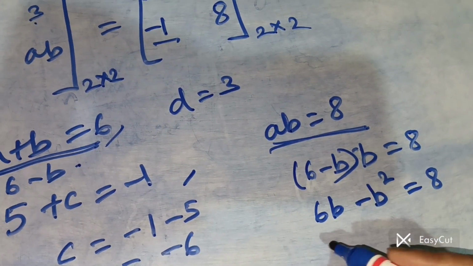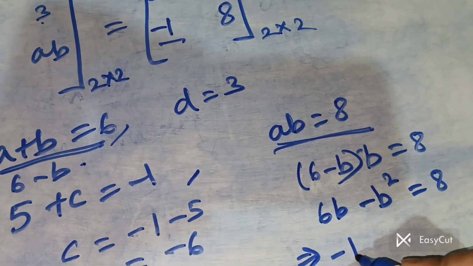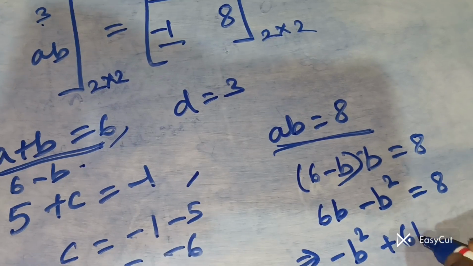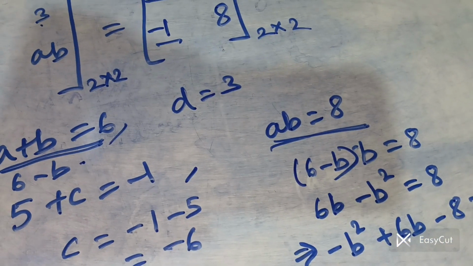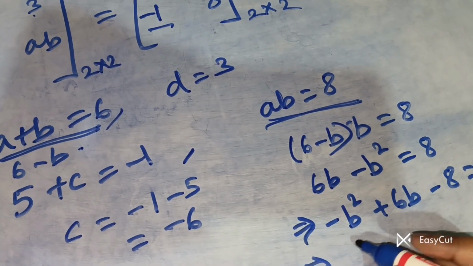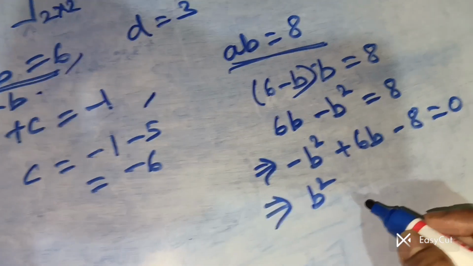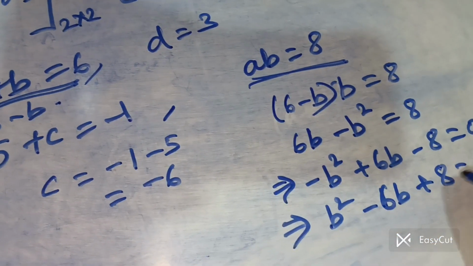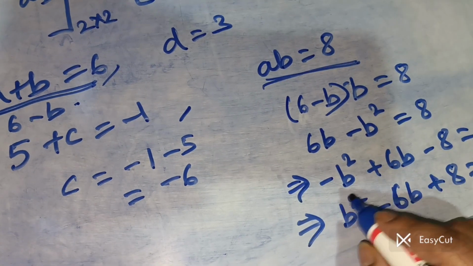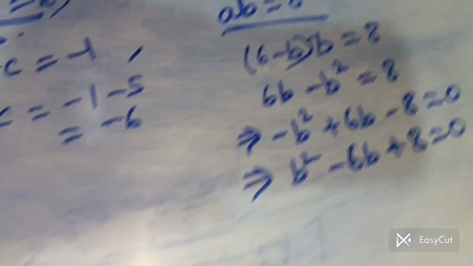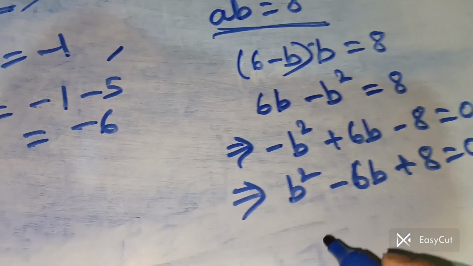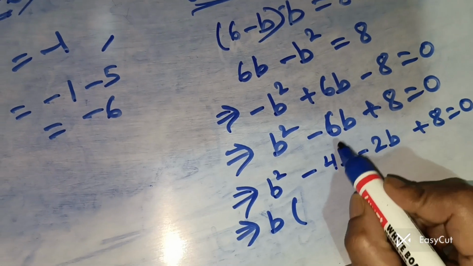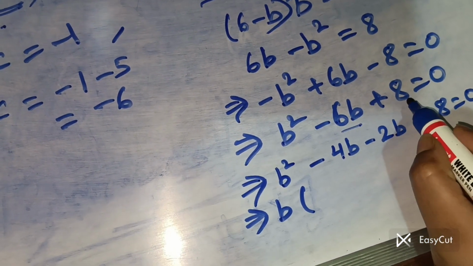We are getting a quadratic, right? Which implies minus B square plus 6B minus 8 equals 0. Then we can write it as B square minus 6B plus 8 equals 0, if you take the minus sign common. Let us do the middle term. 6B is there, and the product is 8B square.